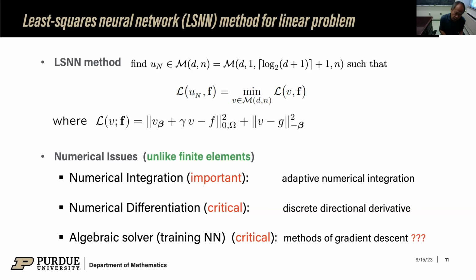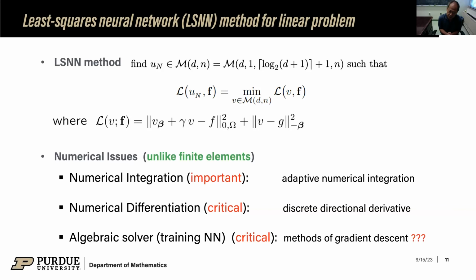The second part is the numerical differentiation. If you're looking at finite element, when we use the weak formulation, all the derivatives make sense, right? But here we're looking at the strong form. So if you do automatic differentiation, as in PINN, or finite difference along the coordinate, in general you are not following the physics.